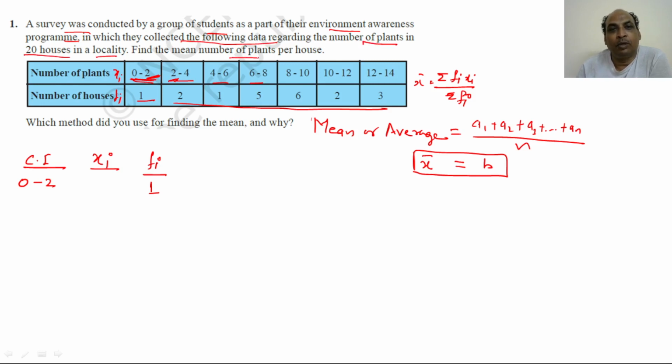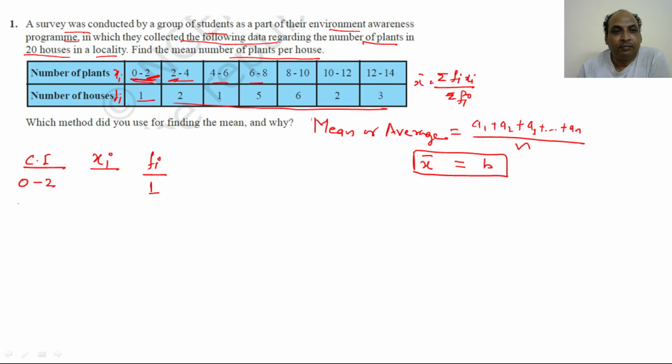Find the mean number of plants per house. Because it is a very big data, it is categorized under intervals. For 0 to 2, they found that the number of plants in a house is 1.